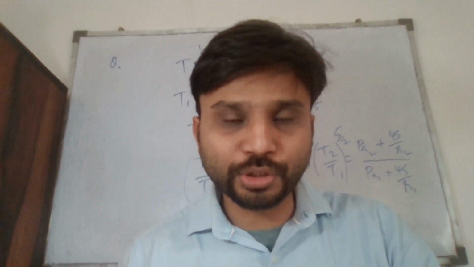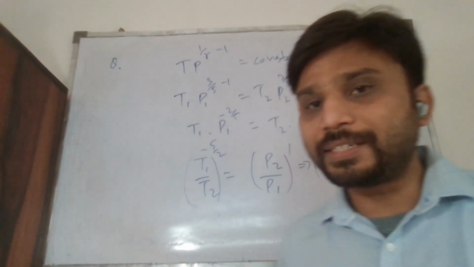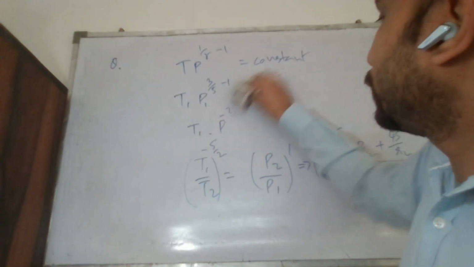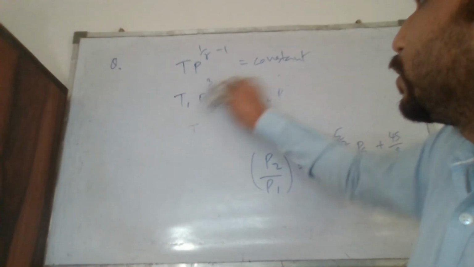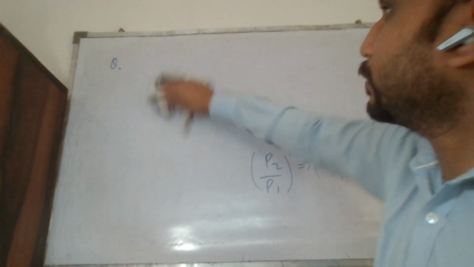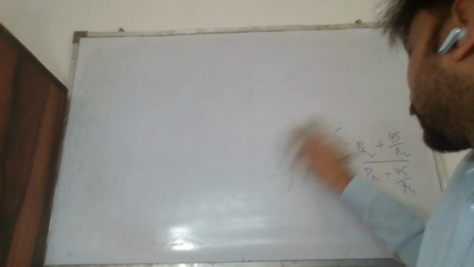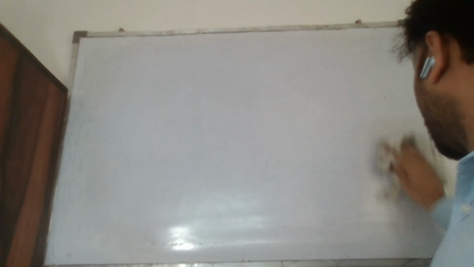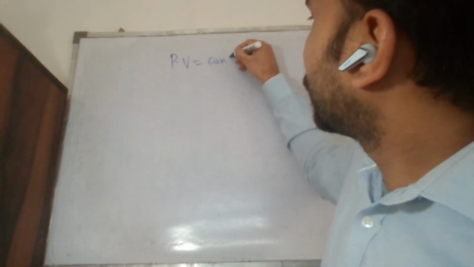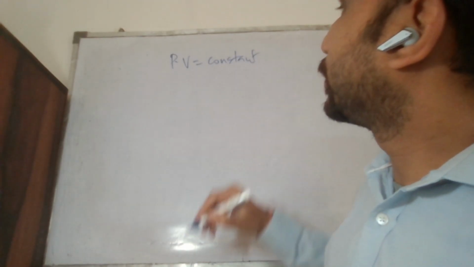So this is one of the easier ones. When there is no change in temperature, we use PV is equal to constant. So P into V is a constant.